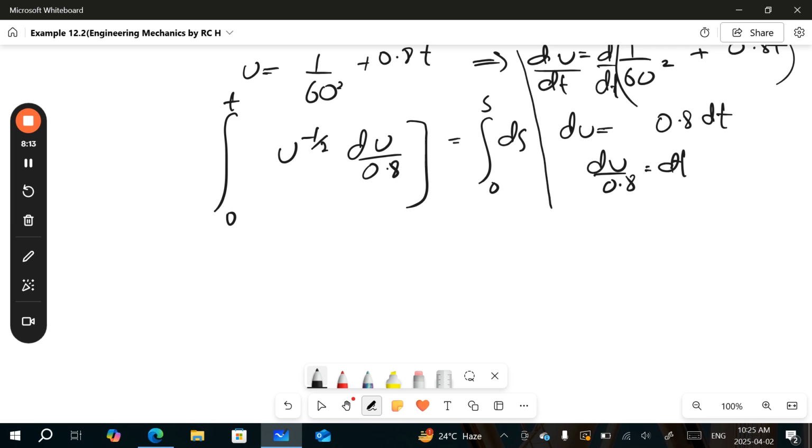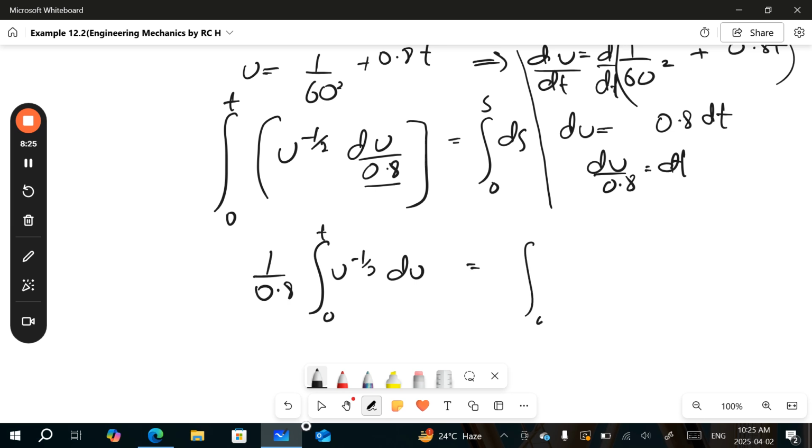Now we can put this term outside, so it becomes integral of u power minus 1 by 2 du from 0 to t into 1 divided by 0.8 is equal to integral from 0 to s of ds.